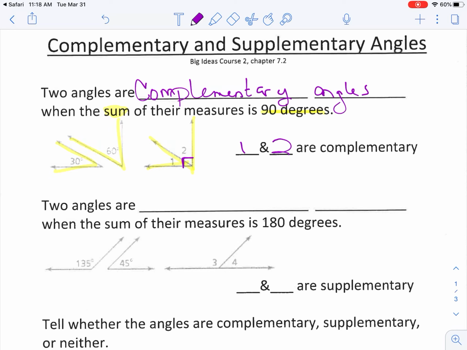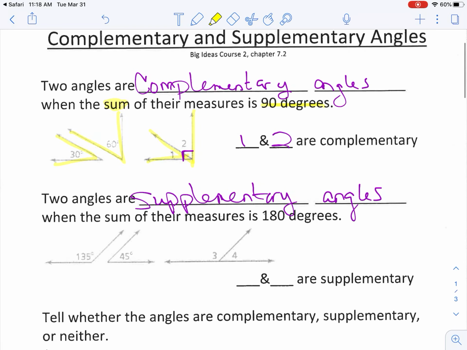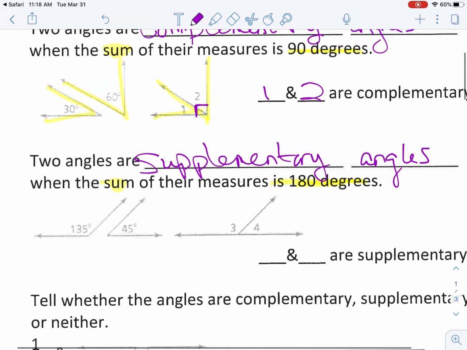The second type of angle we're going to talk about today is the supplementary angle. Okay, so two angles are supplementary when the sum of their measures is 180 degrees.